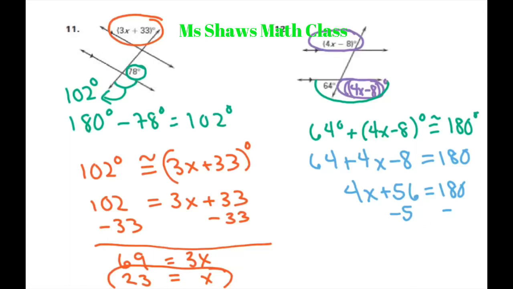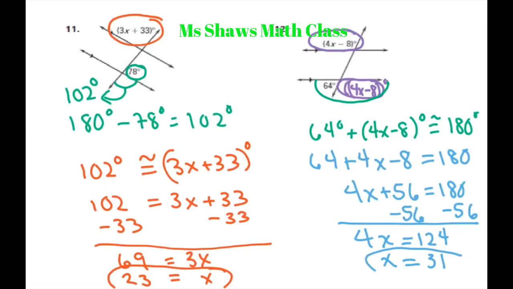Excuse me, that should be a 6. And that gives you 4x equals 124. And therefore, if you divide both sides by 4, 4 goes into 12, 3. 4 goes into 4, 1. So x is 31. All right, there's different ways to do it, but that was one way.